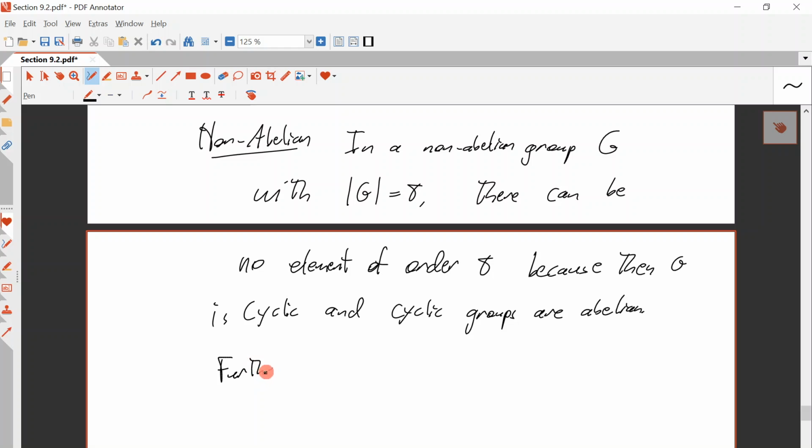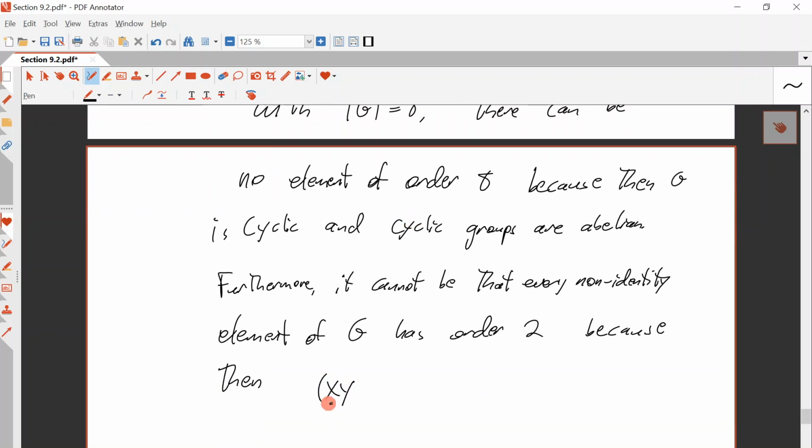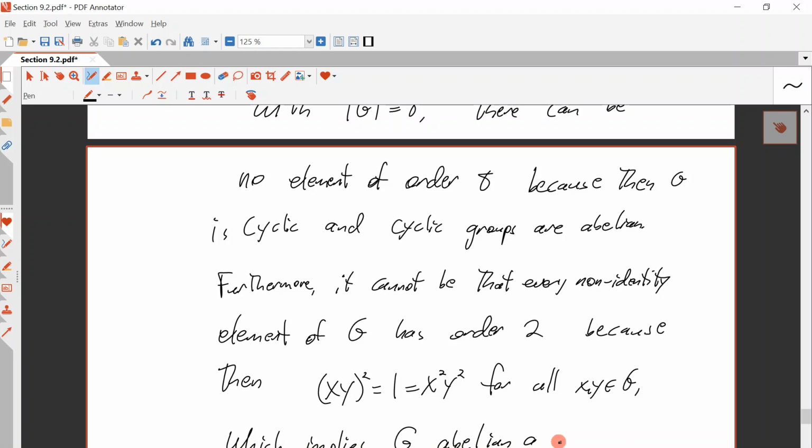Furthermore, it cannot be that every non-identity element of G has order 2, because then, right, (xy) squared is equal to 1 is equal to x squared y squared for all x, y in G, which implies G is abelian, which is a contradiction.